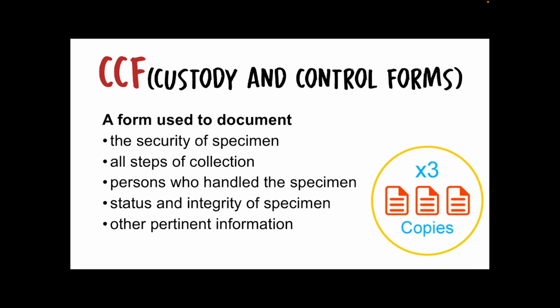And improper entries on this form will invalidate the testing procedure because this one has legal and forensic implications also. And also, 3 copies must be reproduced by the laboratory. So 1 for the donor or employer, 1 for the authorized specimen collector, and 1 for the laboratory.